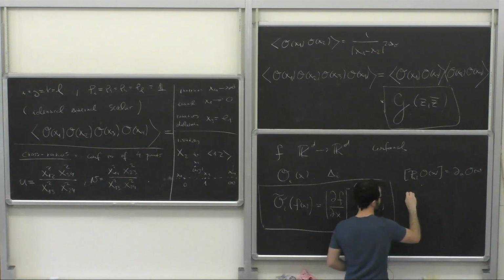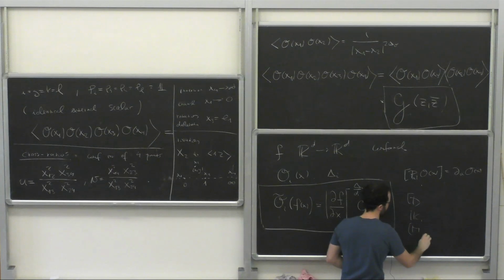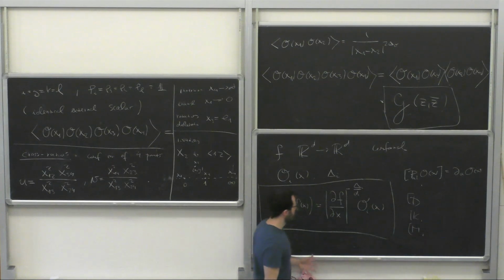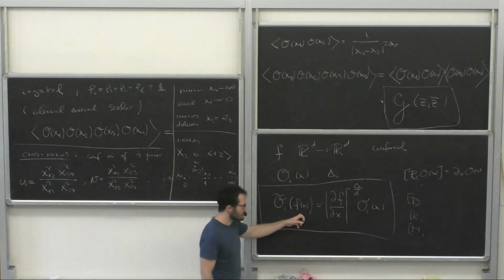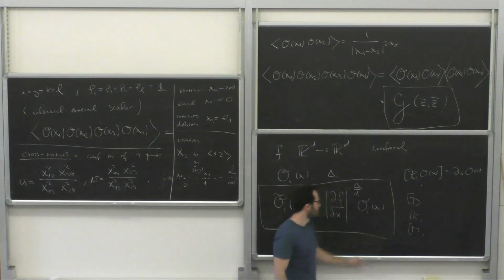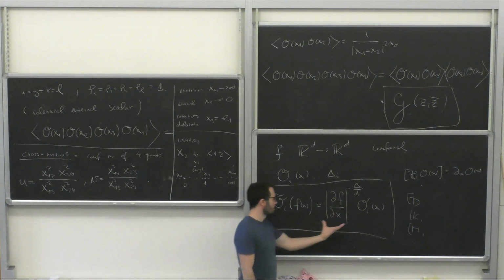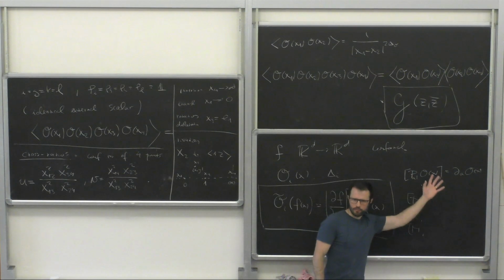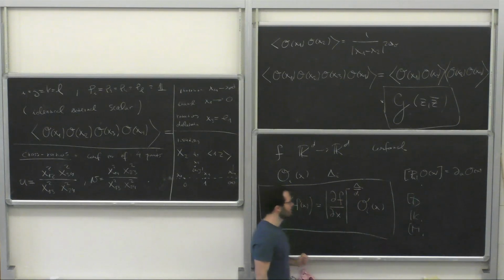We did the same thing for D, K, and M. So if you take f to be infinitesimal, one of these four, then this formula agrees with the formulas that I gave you for the infinitesimal generators. Okay?